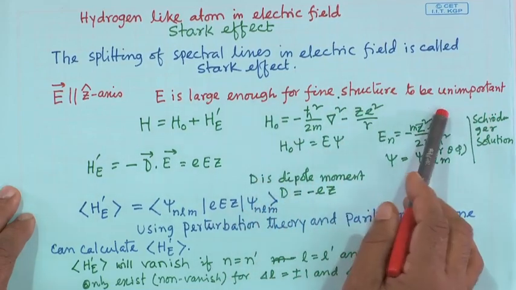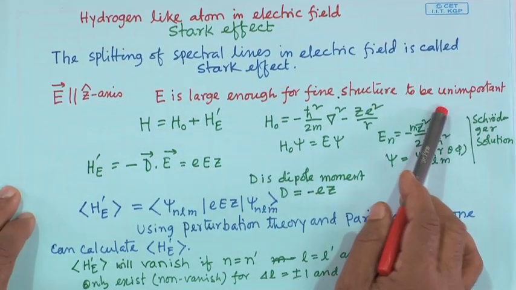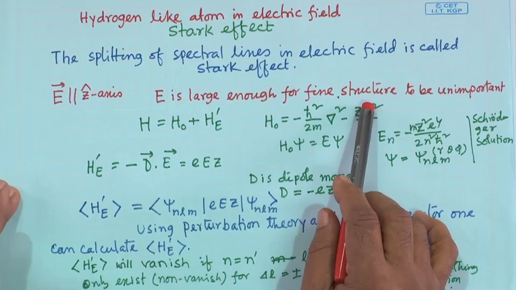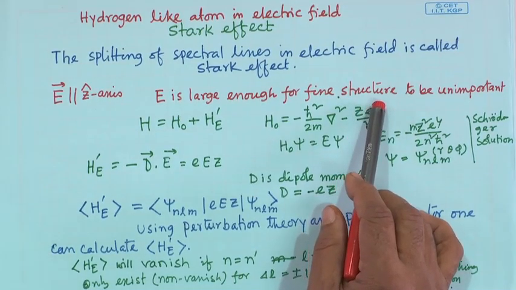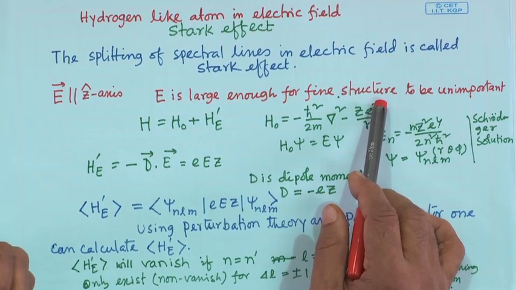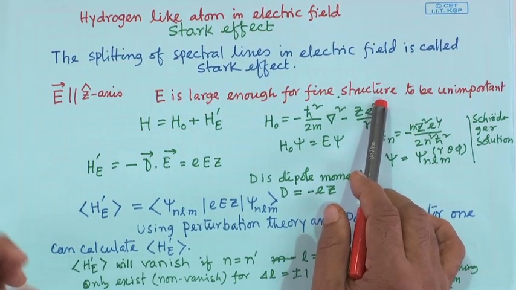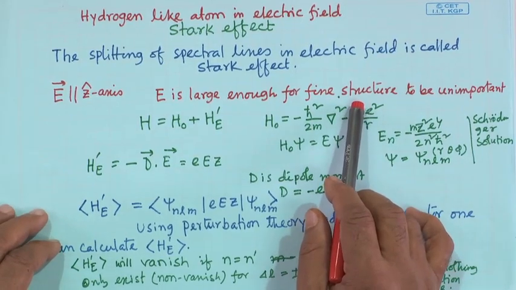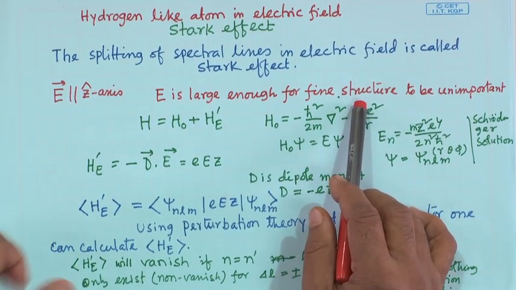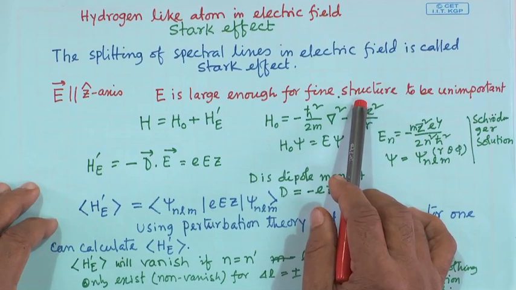So, what is the meaning of this statement? The meaning of the statement is that in the case of the Zeeman effect we have seen that in atoms the LS coupling term is responsible for the fine structure, right. So, this has a strong influence on the atomic spectral lines. Okay.